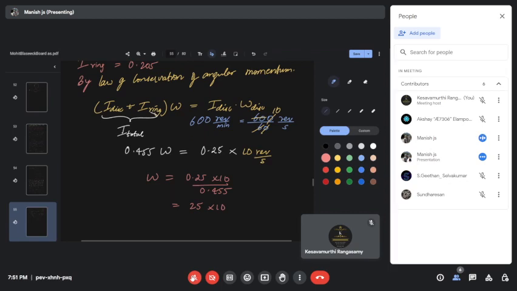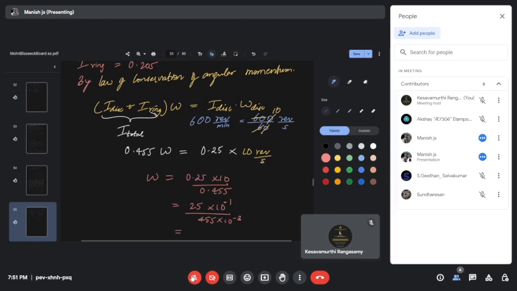Already you have a 10, so it becomes 10 power minus 1 upon 455, where 0.455 is written as 455 times 10 raised to minus 3. Now you simplify 25 upon 455. How much do you get if you simplify that?